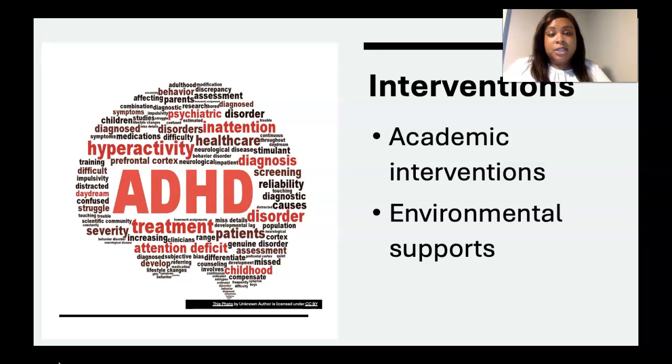And lastly, with environmental supports, whenever you are setting up your classroom, make sure that you are creating a learning environment that will support students in their learning. So try to limit those distractions. I know some people are really into decorating. Decorating is great.